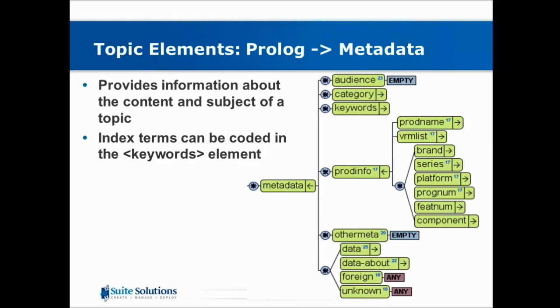It might be useful to output it automatically when you're publishing your content, but generally folks do not use that. What folks generally do use is the metadata that you see on the screen here to further define who it's relevant to and the context for why this topic was created. That often becomes very useful when your content is output to a knowledge-based system or a dynamic publishing system for filtering.